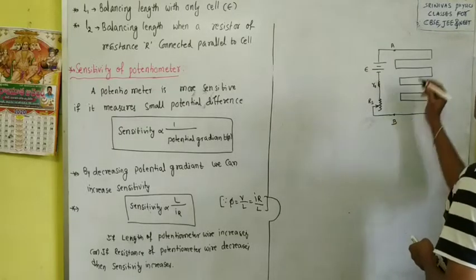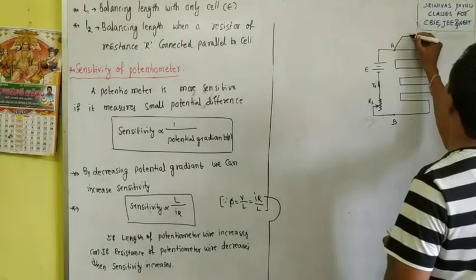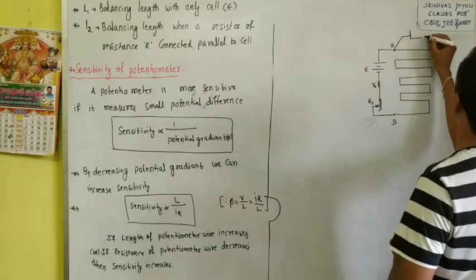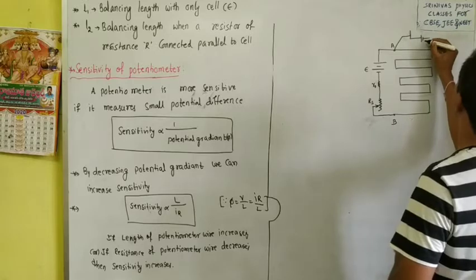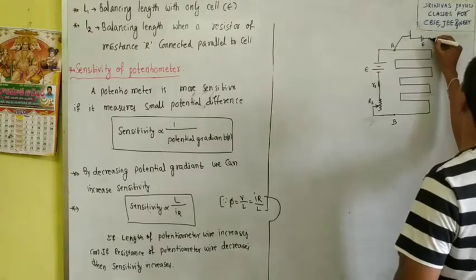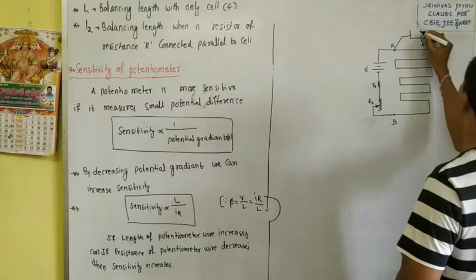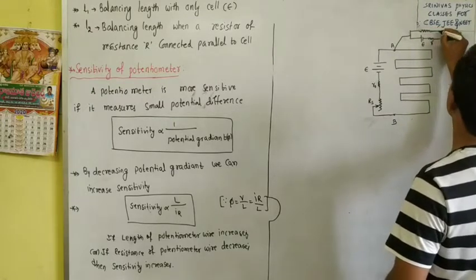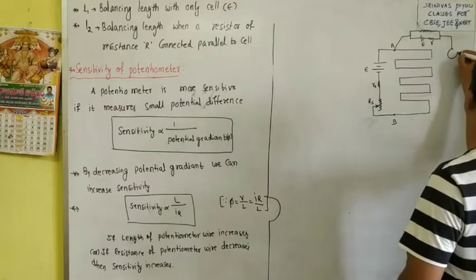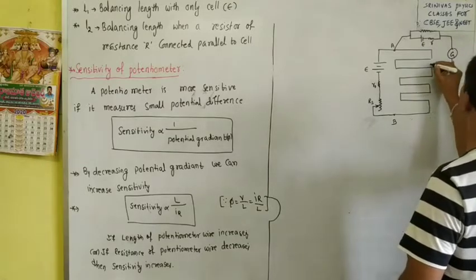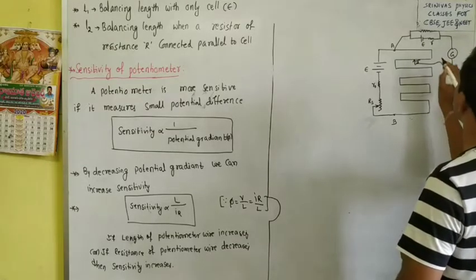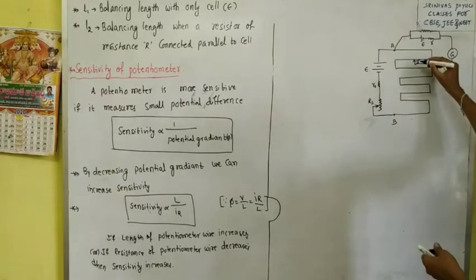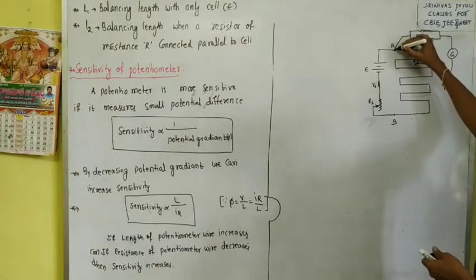This is the point A. Here we are connecting a battery whose EMF we want, whose internal resistance we want to determine, and this is one external resistance. Here we are connecting the galvanometer, and the galvanometer is connected to the jockey. Okay, this is the jockey.